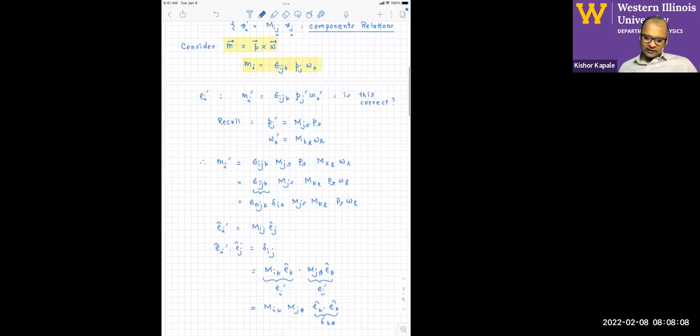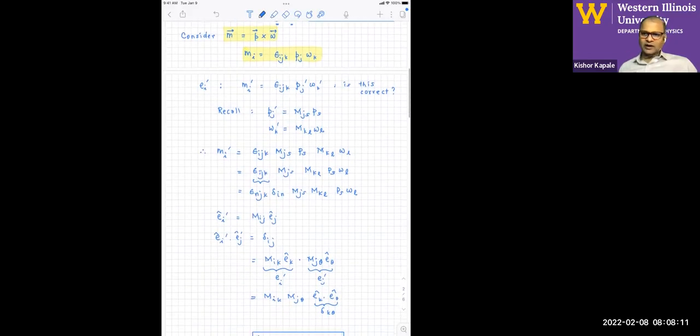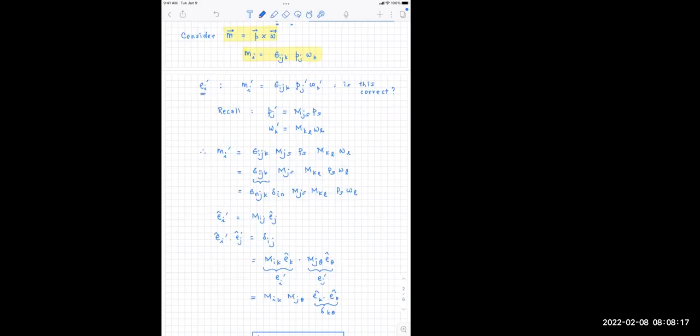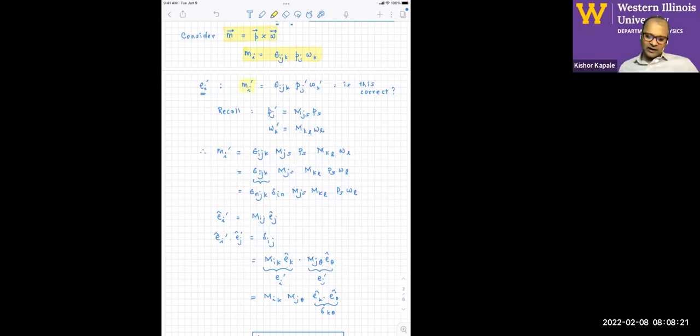And once you have that, let's see what will happen if you were to express this vector in the ei prime coordinate system. Let's say Mi prime would be its component in the ith direction in the prime coordinate system.